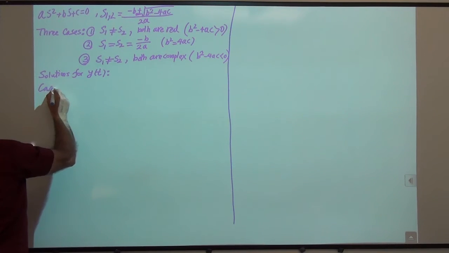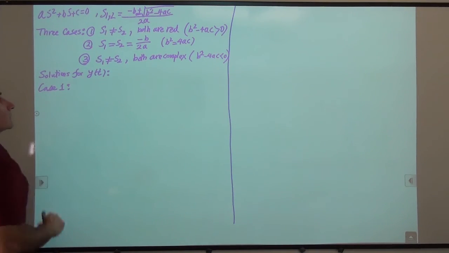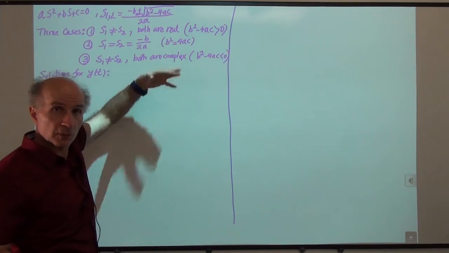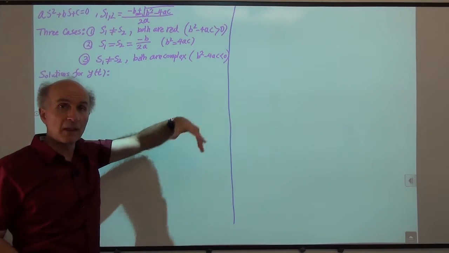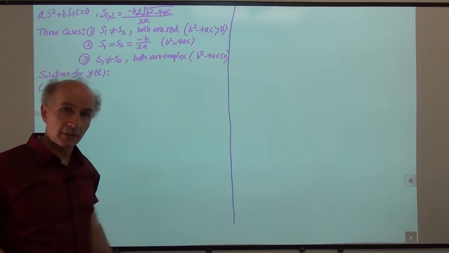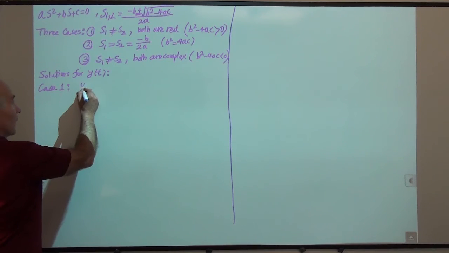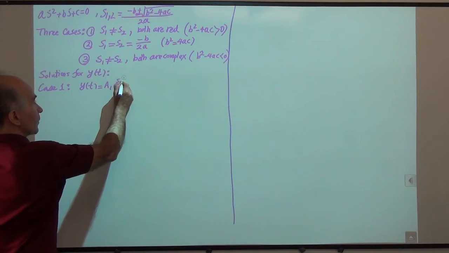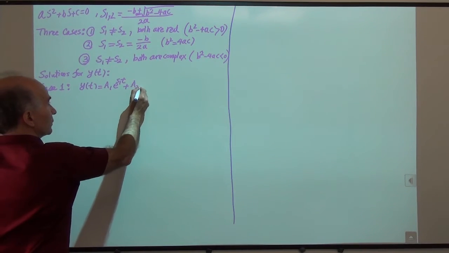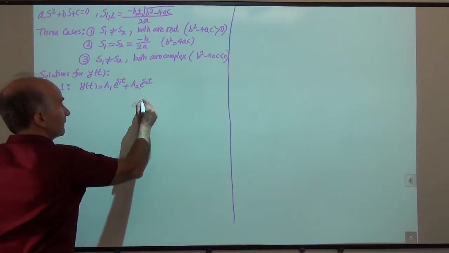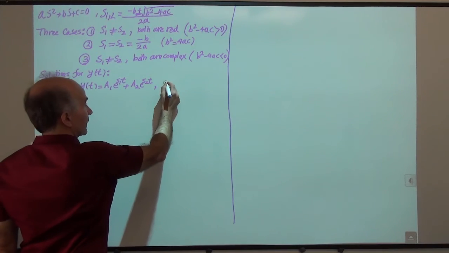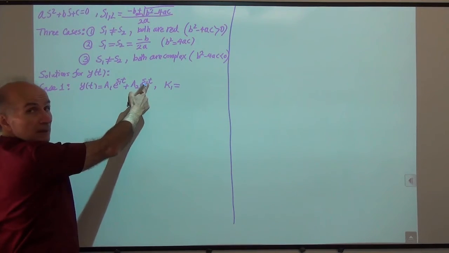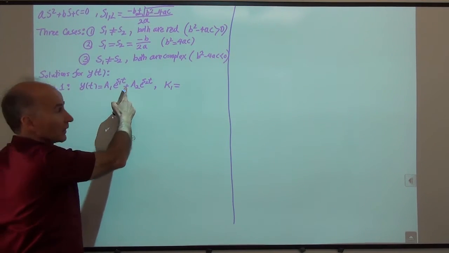All right, say case 1. So the roots are unequal and they are real. So it's a very simple situation. In fact, that's exactly what we just did in the green color on the previous page. So we say y of t is equal to a1 e to the s1t plus a2 e to the s2t. And then we decided that k1 was a1 plus a2 because the y of t is evaluated at time 0.